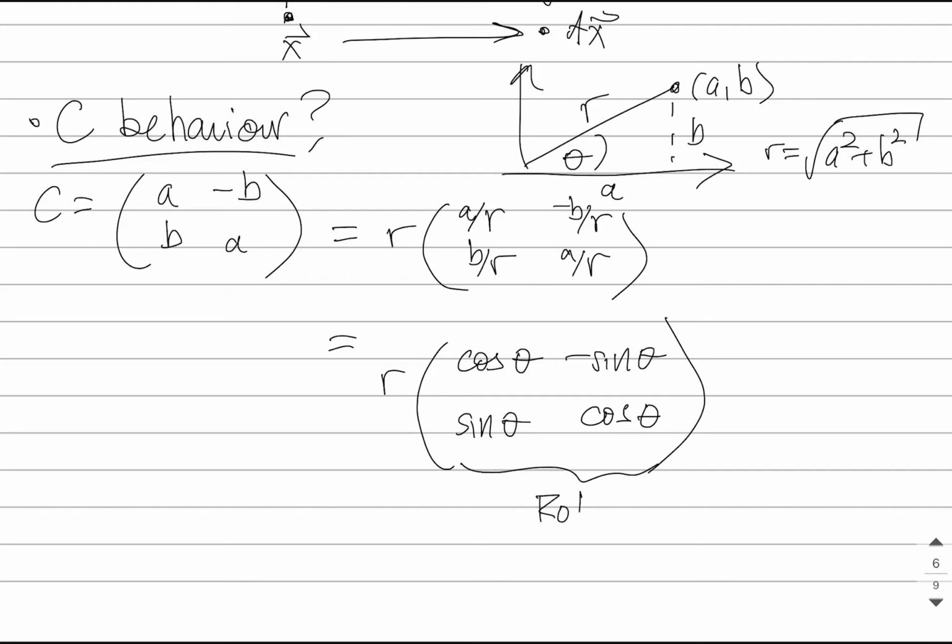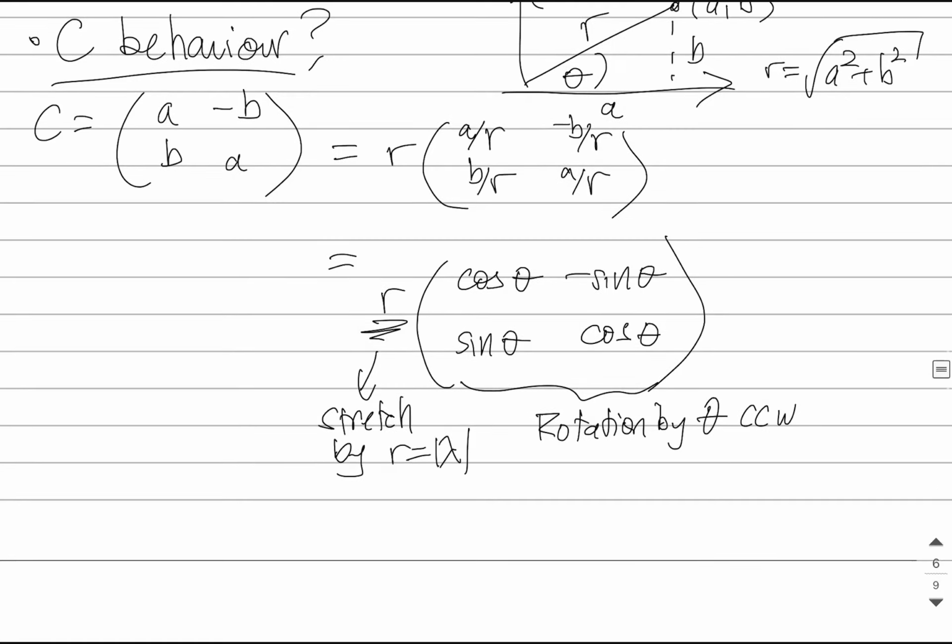This is a rotation by an angle theta counterclockwise. And then this is a stretch by a factor of R. And R is the magnitude, the complex magnitude of the eigenvalue.